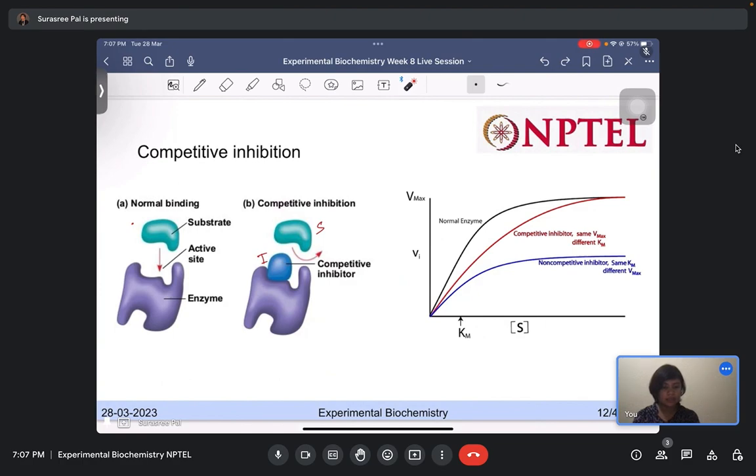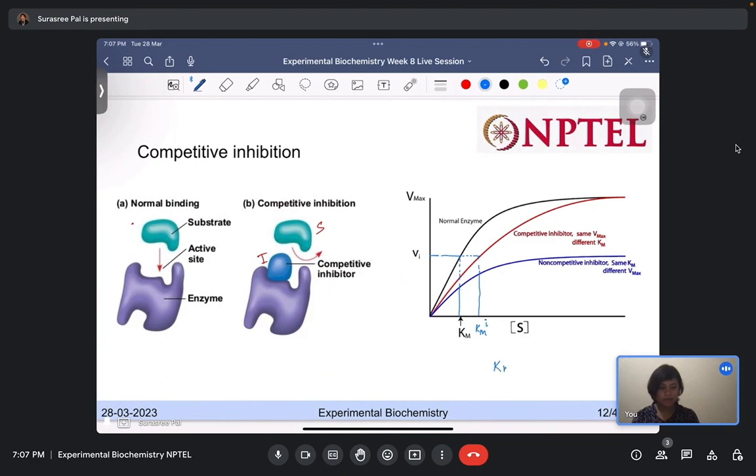We can see that the Km is basically half Vmax, right? So if this is approximately half, we can see the Km for the enzyme without inhibitor is less than the Km for the enzyme with inhibitor.